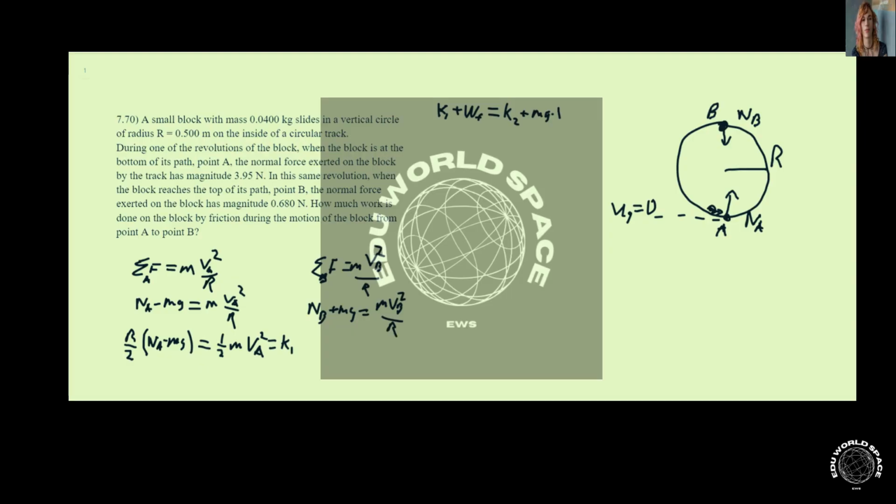Doing the same thing, we get r over 2 times (Nb plus mg) equals 1/2 mass velocity at point B squared, which equals K2. So K1 is something we can solve with numbers, and K2 is too, as is mg, so now we can find the work due to friction.